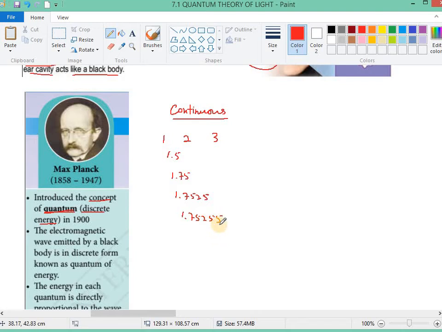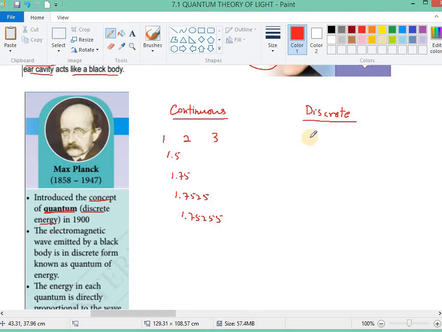So you can continuously divide into smaller and smaller amounts, infinitely. That is what we call continuous. That means there is no gap.